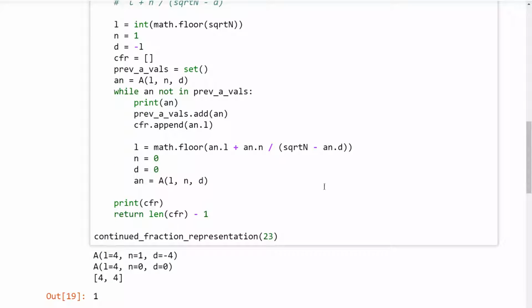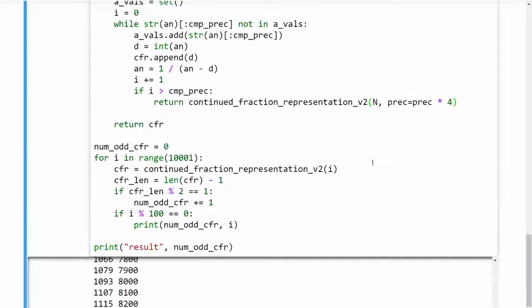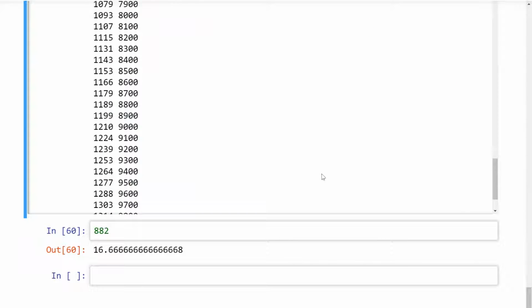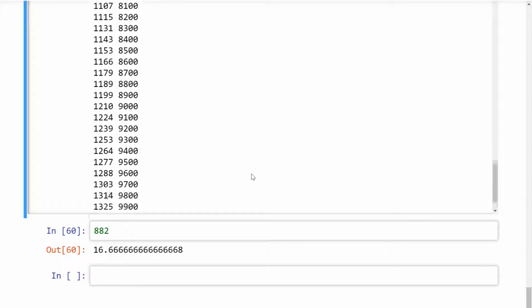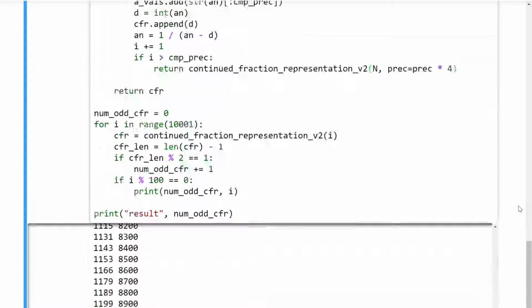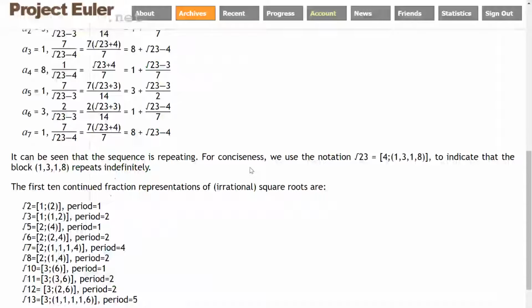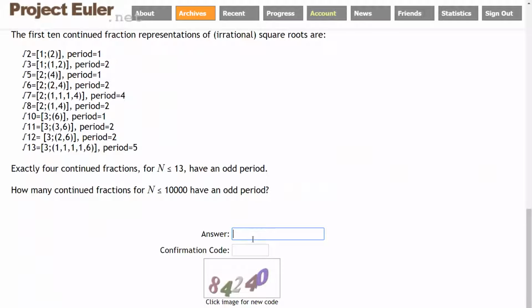Otherwise, if it doesn't work, I'm going to bump up these things further and just let it run, and then I think we can see if we can take a look at this solution again. So let's try.